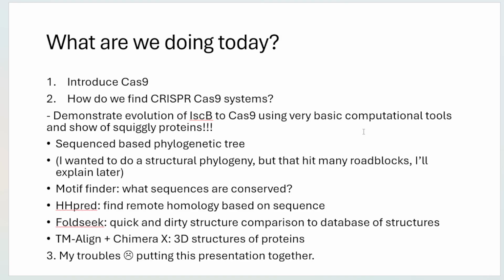So you use that for kind of like a quick and dirty structure comparison. And then I'll use TM-Align to do pairwise comparisons of structures, and ChimeraX to show the 3D structures of proteins. Then the third thing I'll do is really quickly talk about my troubles putting this presentation together. The reason why it took so long to do this, technically speaking, was because there was a lot more I wanted to do, but we'll go through that later.